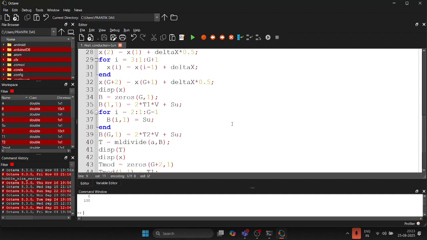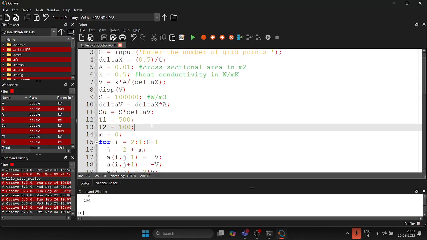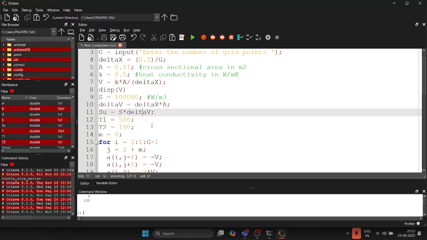What I added was delta V, which is AC. The source is added in the B matrix, so AC is added at B11, at BI1, and at BG1. All three places I added AC, and I defined AC as S into delta V. So delta V is what? Delta X into A. So S delta V is basically AC. Look in the matrix, the same is written, so I added S delta V.